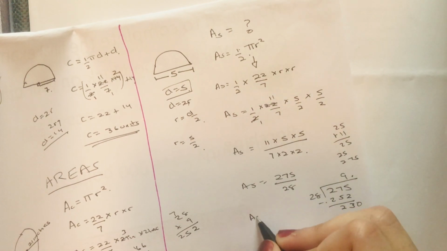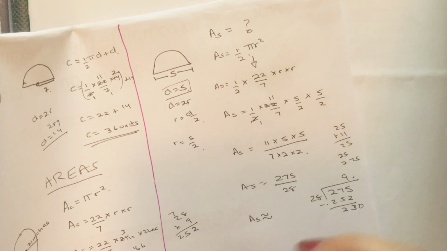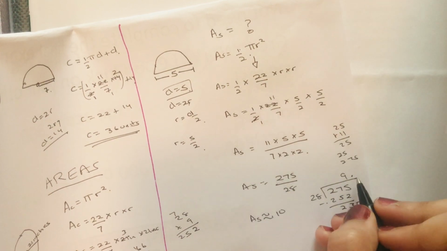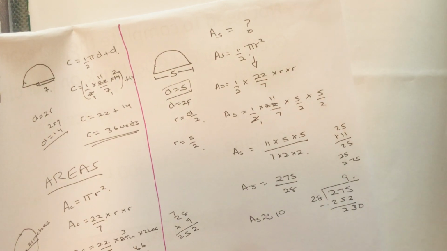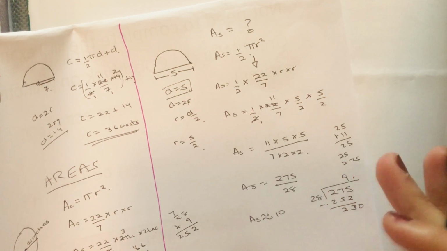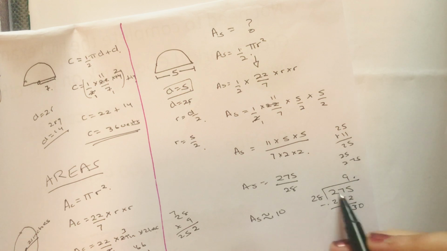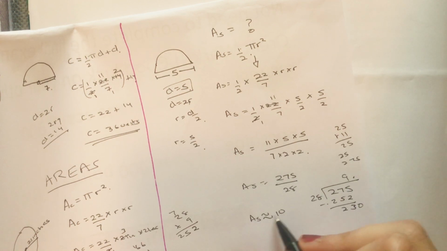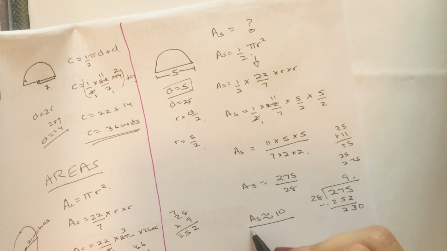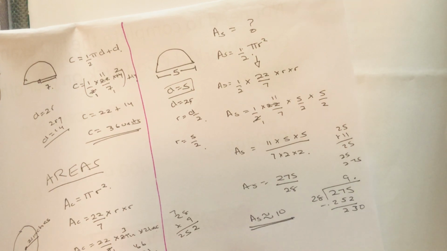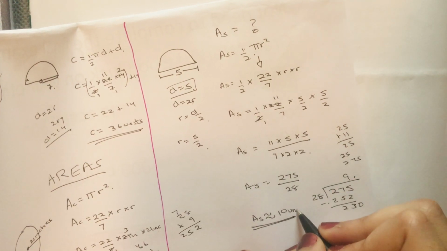So you write area of a semicircle is approximately equal to 10, because I'm sure that the number you'll get here is greater than 5. So when you round it off to a whole number, you'll get 10. So the area of a semicircle is approximately 10 units square.